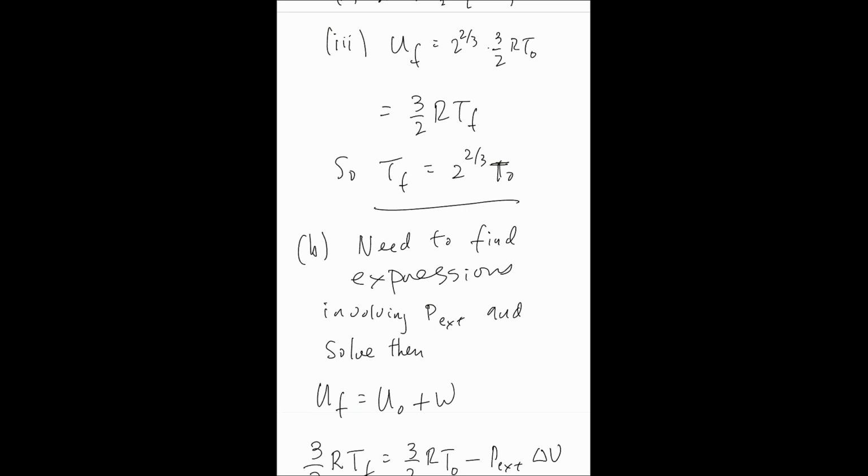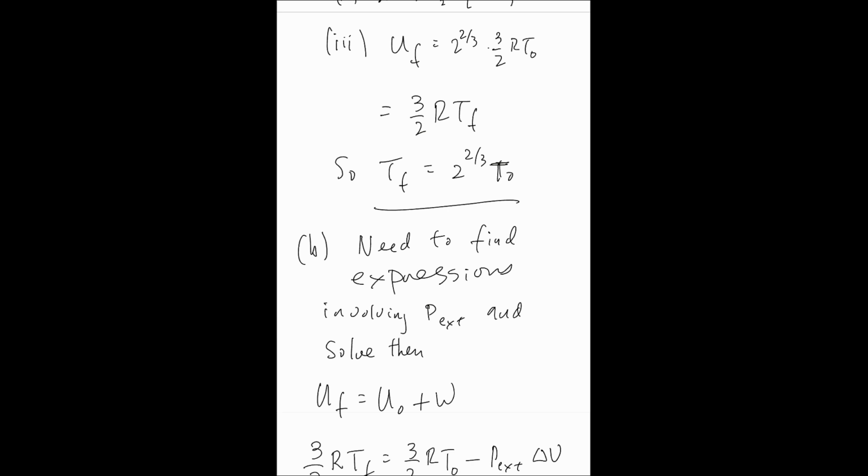If we do different work, we get different temperatures. So we don't know the final temperature, and we don't know the pressure we need to apply. We need to know the pressure because we have a target: we need to hit half of V naught as the final volume. So we don't know enough to do the problem.